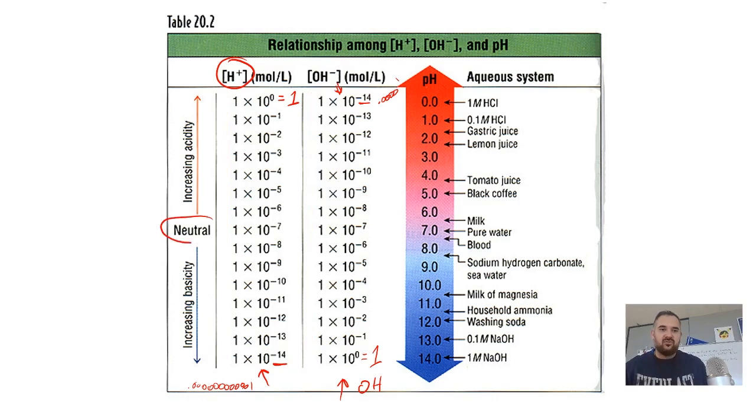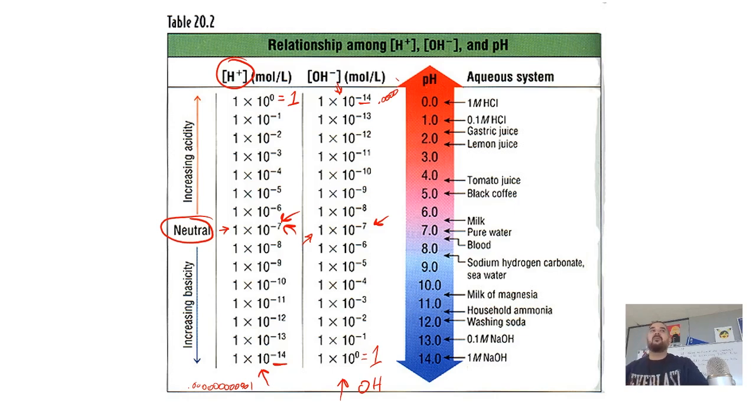Now, here's what I want y'all to notice. Here where it says neutral, how much hydrogen do we have at the neutral mark? 10 to the power of what? Minus 7. How much hydroxide do we have at that same spot? What does that mean? What's going on at the neutral mark?